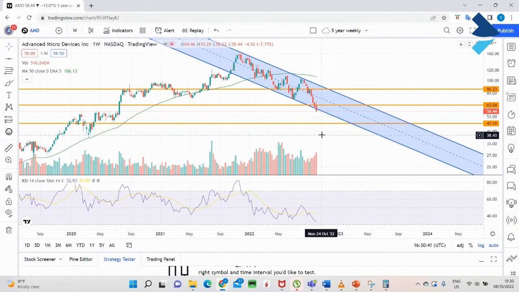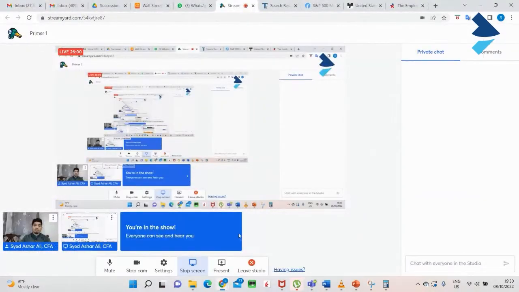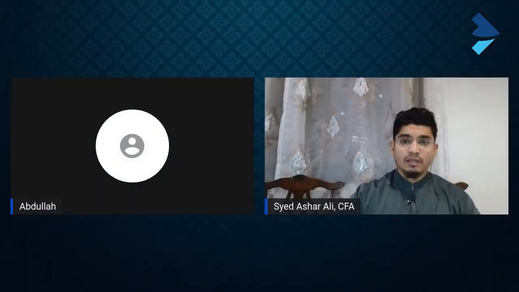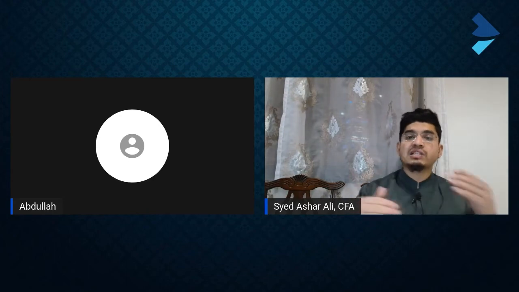This is just for educational purposes, to demonstrate how you can use the screener to generate some amazing ideas, and this screener will help you in different ways. You can slice and dice and play around with it, but keep it simple, keep it linked back to the checklist that I've mentioned, and you'll be fine.